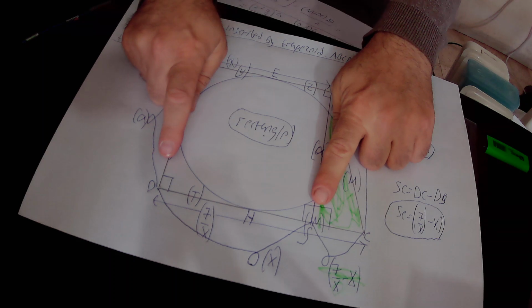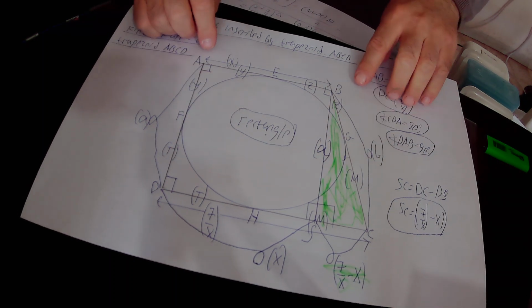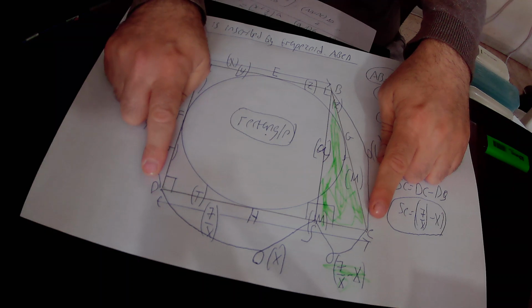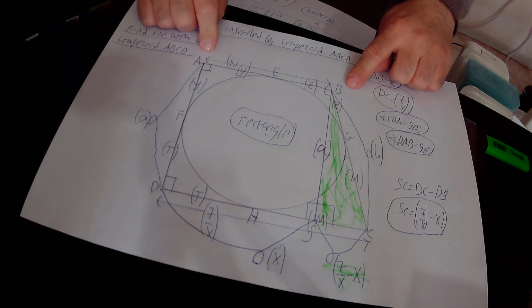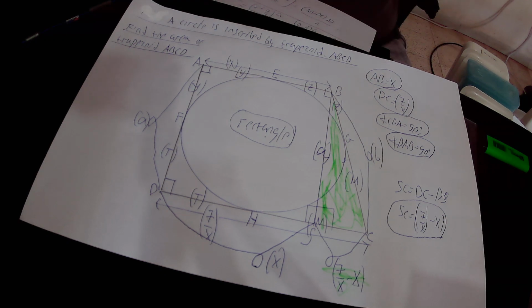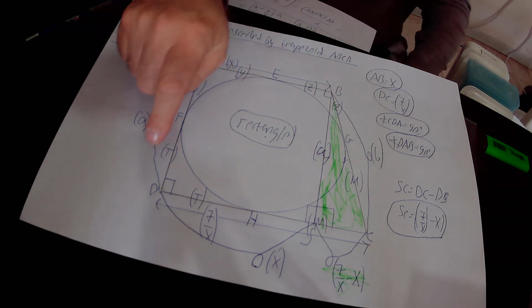But DS is part of the straight line DC, and it's parallel to AB. So if part of a straight line is parallel to another straight line, then the straight line DC itself must also be parallel to AB. So I found out that DC is parallel to AB, and therefore the two parallel sides in trapezoid ABCD are AB and DC.